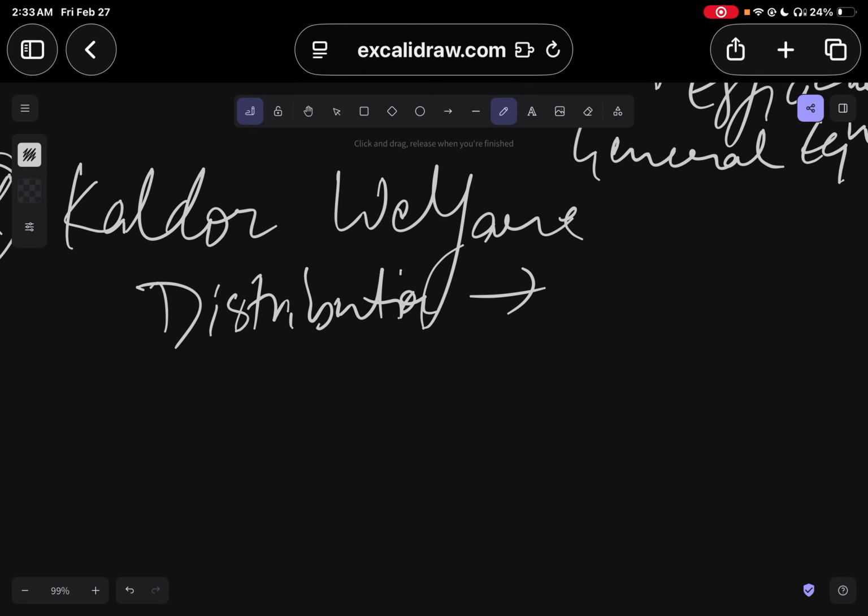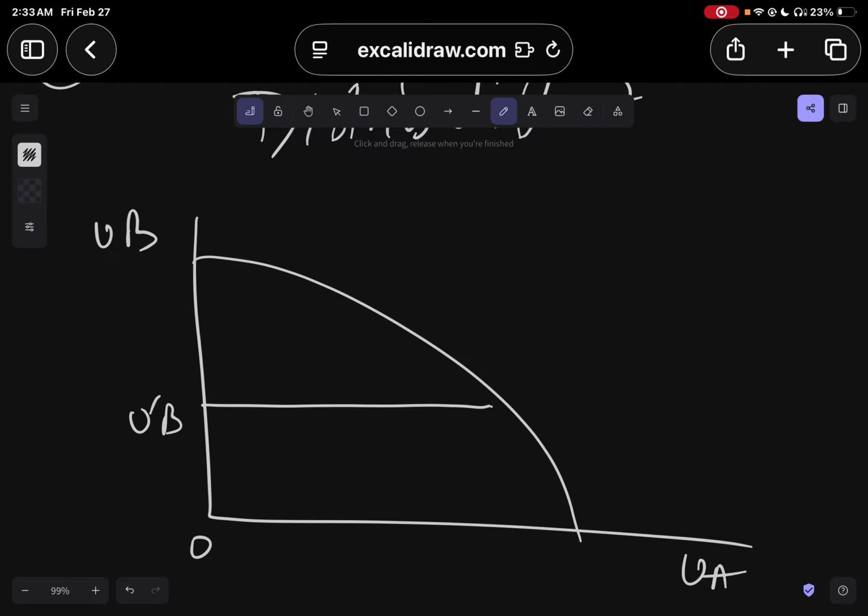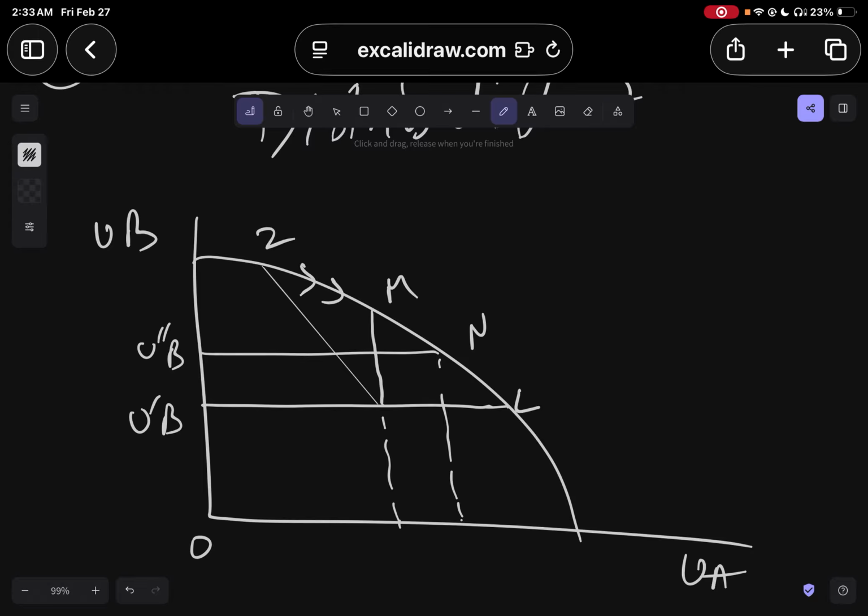So this can be seen like this. UA, UB. This point is L, N, M, Z. The movement is this side.